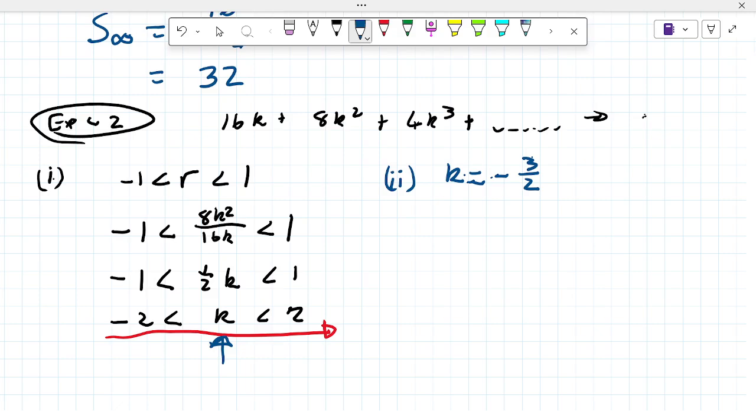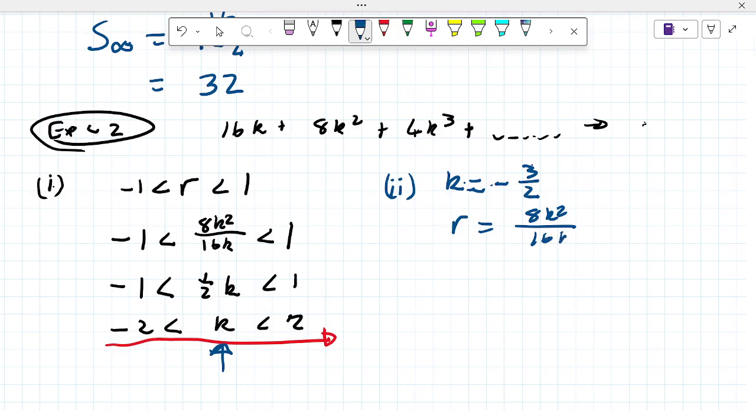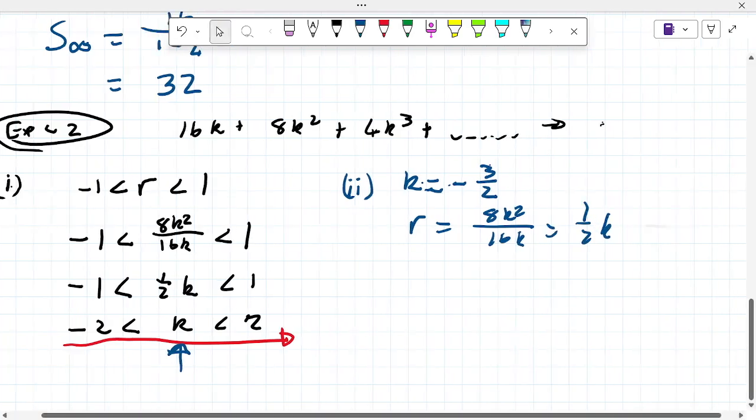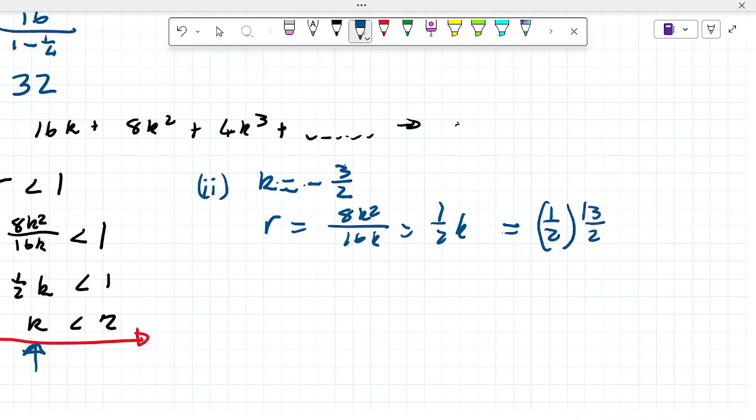So I now know if that is K, then R, which I calculated as 8K squared over 16K, is half a K. So then R is simply a half times 3 over 2.